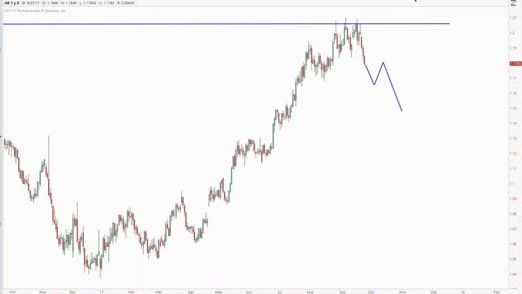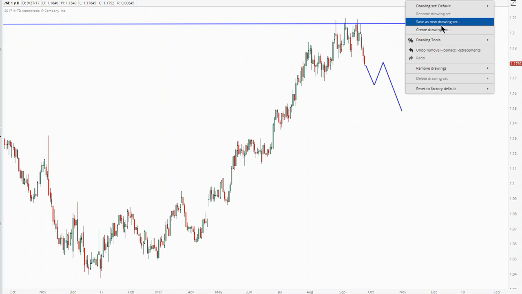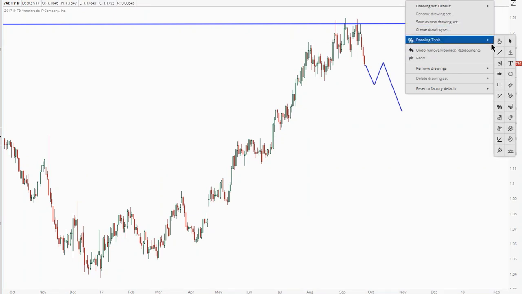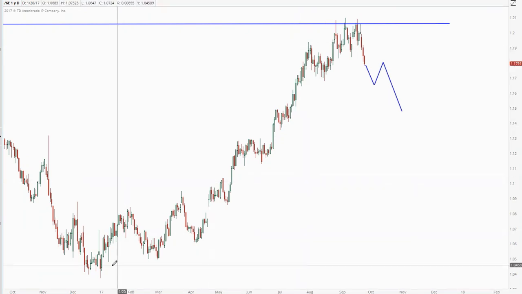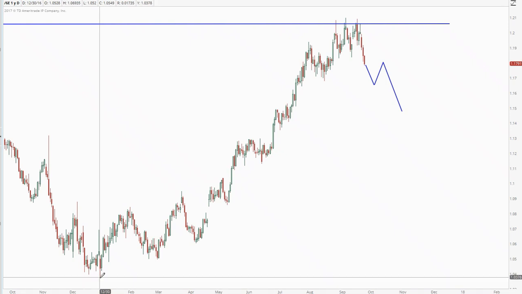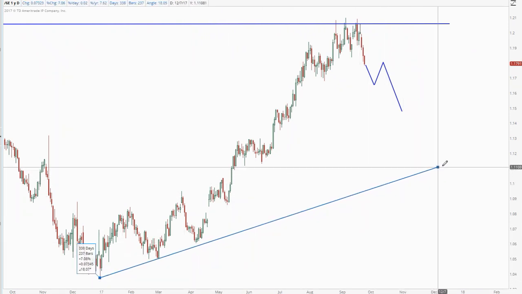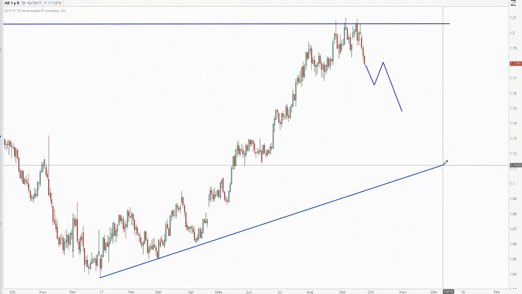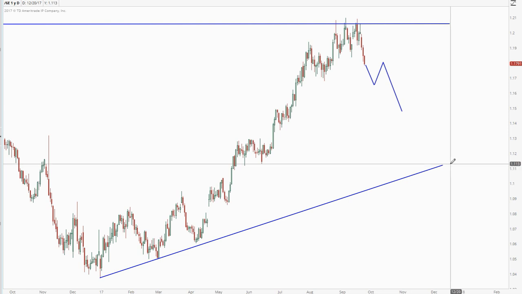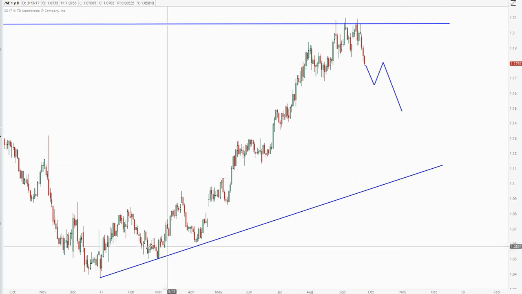Another possibility, we might have to break the intermediate trend line. The problem is the trend line's pretty flat, and I don't know that we're going to drop far enough to break that trend line at that point.